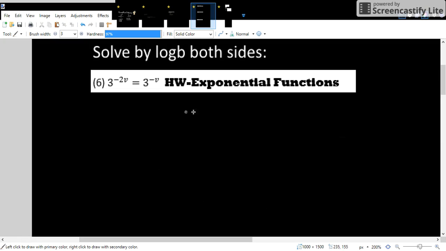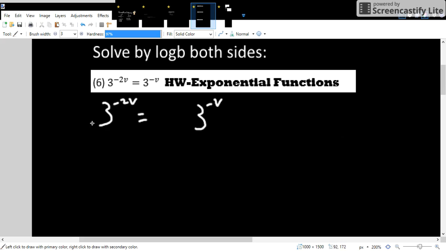Now let's move on to number 6 on the first page of our homework, the exponential functions. We're going to solve by logging both sides. On example 6, I rewrote the problem, and notice I put a big gap between the equal sign and the 3. So we have 3 to the power of negative 2v equals 3 to the power of negative v.